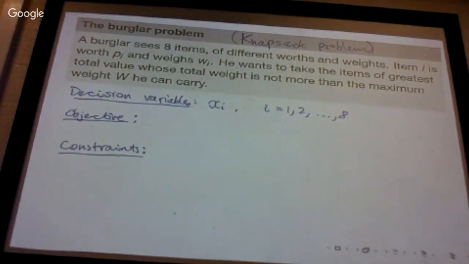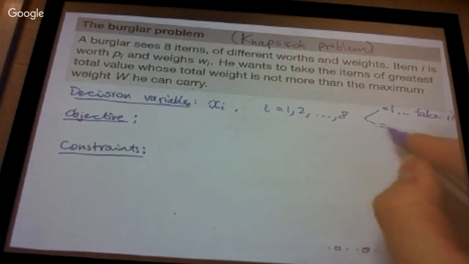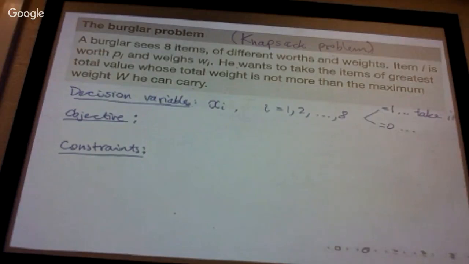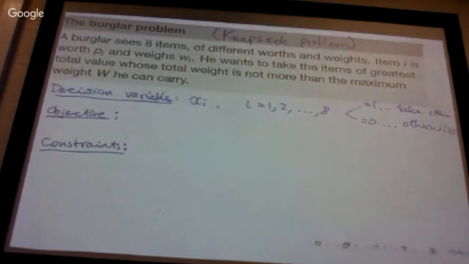And you said you want them to be equal to 1, means take that item, and 0 means not take it. Yeah. Okay, I agree.